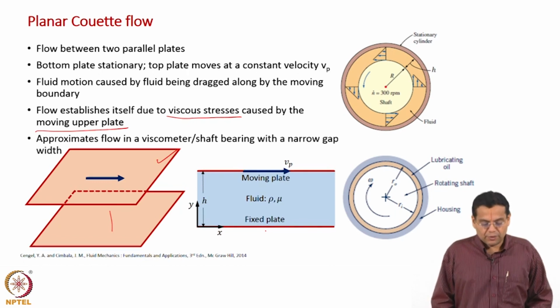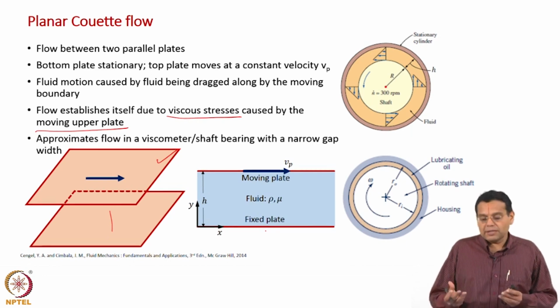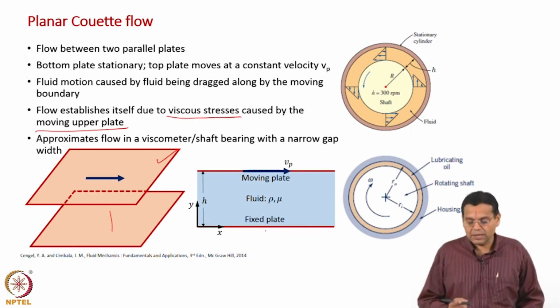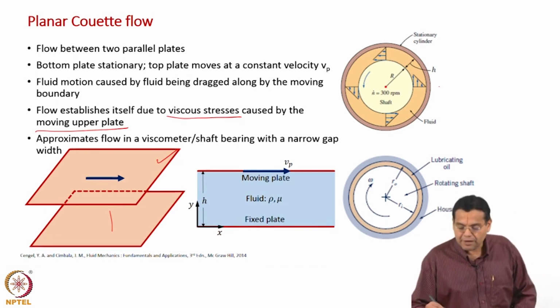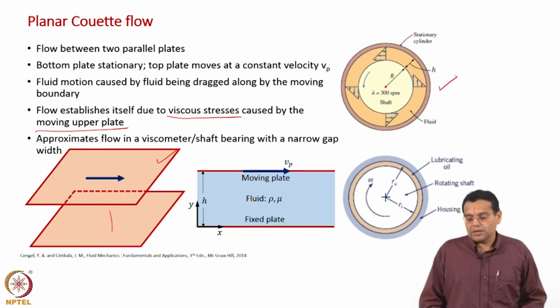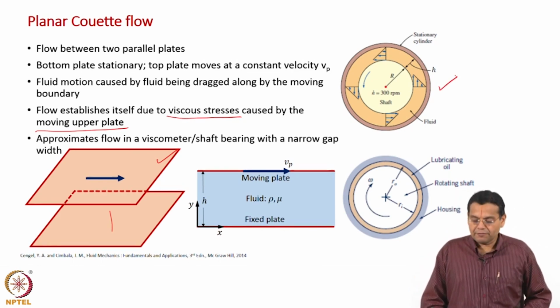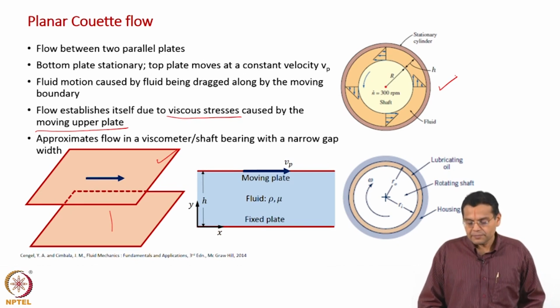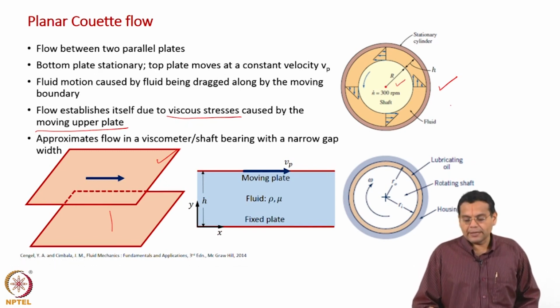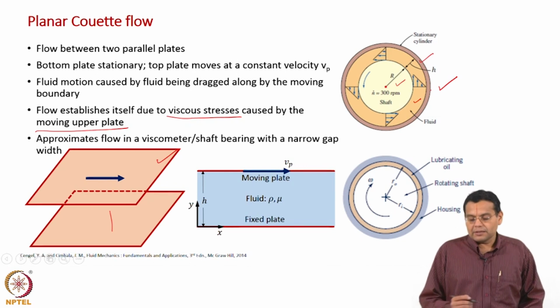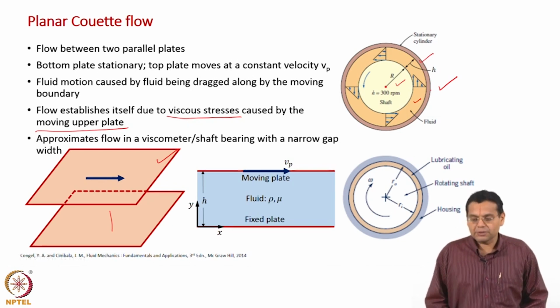Now, what are the flows which are similar to this? What is the flow that this geometry approximates? One is familiar to us, the other is almost similar to that. What is familiar to us? We came across this viscometer arrangement a few classes back when we discussed the application of Newton's law of viscosity. We have an inner cylinder which is rotating and an outer cylinder which is stationary, with a fluid, let us say water or any viscous fluid, between the two cylinders.